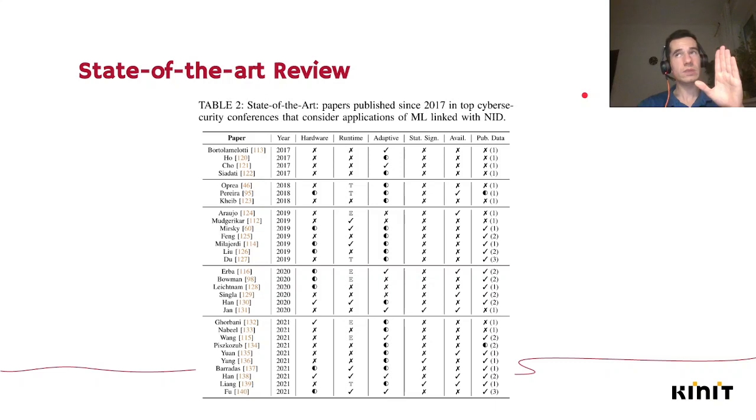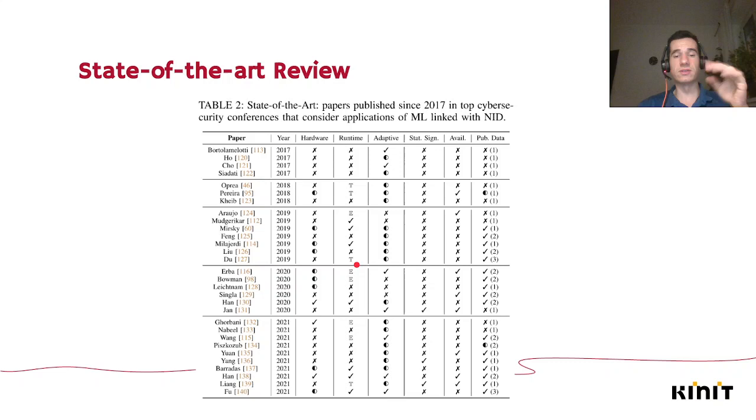Okay, so this was maybe kind of hard to grasp, but here is an example and a review of pragmatic assessment in the state-of-the-art network intrusion detection field, which the authors did. Here we can see whether the authors reported hardware requirements. Some of them did, but I think mostly they didn't, or only partially.